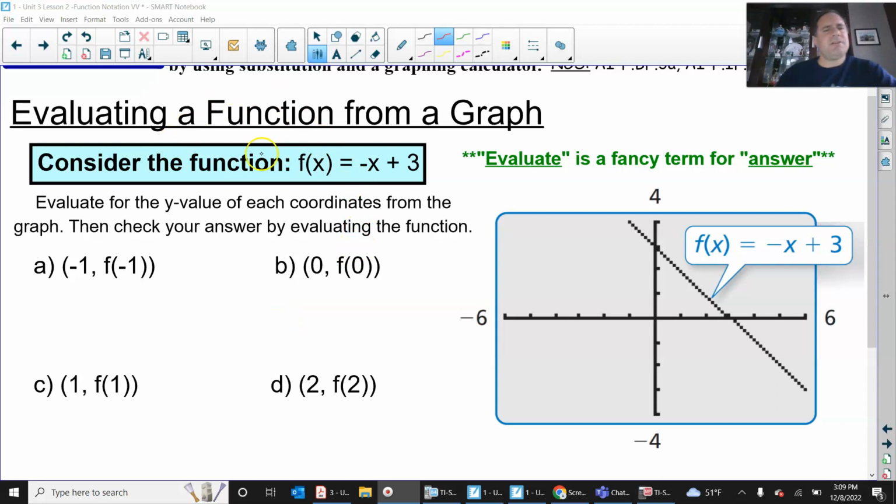So we're going to consider this function f of x equals -x plus 3. What this is really is that they're giving you the x, right? So this is the x. Whatever is inside the parentheses is the x. So when you rewrite this, it is f of -1, right?